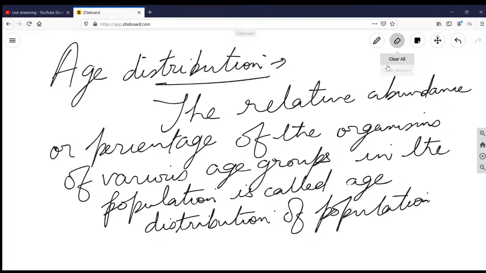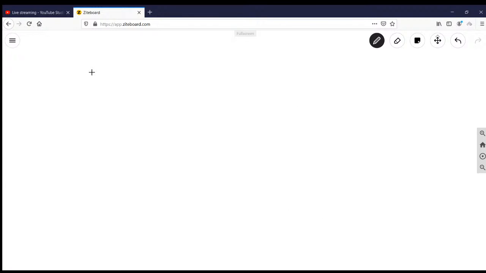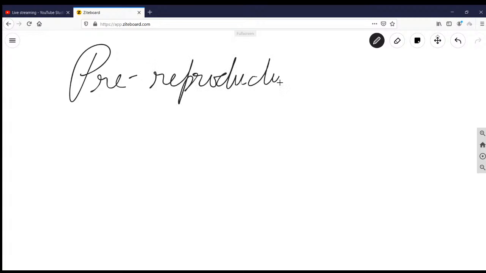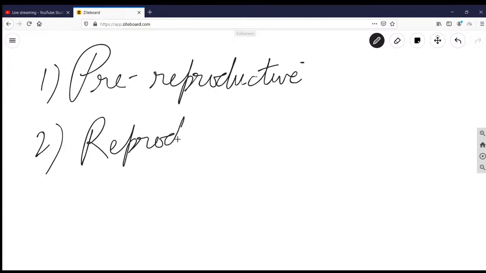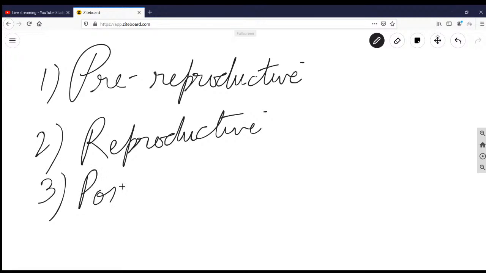If we take the human population, Homo sapiens, number one is pre-reproductive, number two is reproductive, and number three is post-reproductive. So we have three types of age groups.